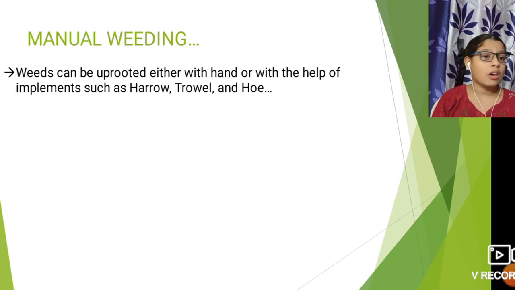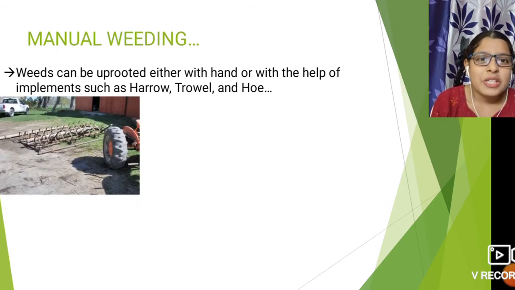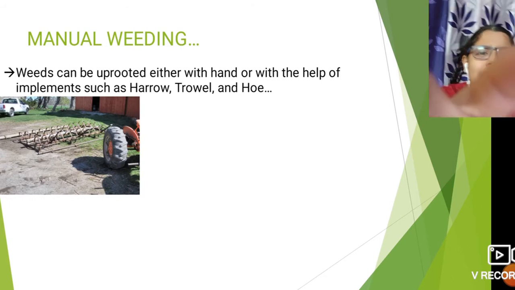These implements are very useful to the farmers, because they help to cut down the weeds. Weeding can be done either by hand or by using these agricultural implements like harrow, trowel and hoe.